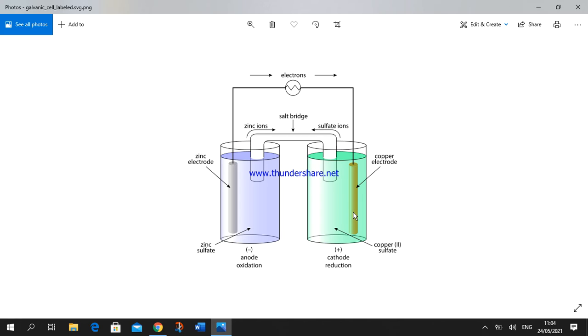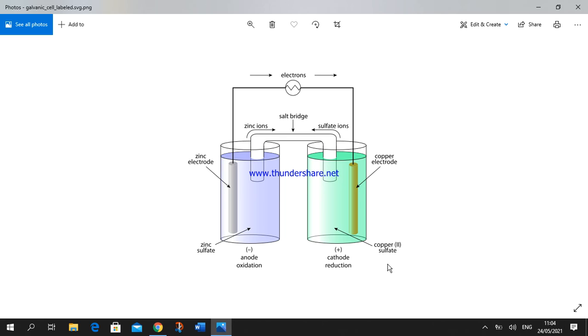But if a solid metal atom loses electrons and changes into metal positive ions, they can usually dissolve in water and form an aqueous solution. So the copper positive ions formed due to the ionization of copper sulfate are reduced by gaining electrons and change into copper neutral atoms.